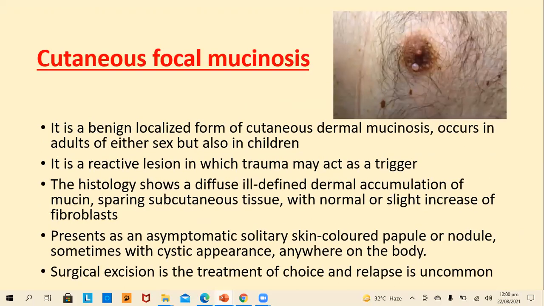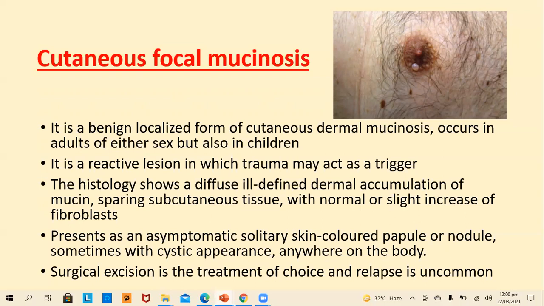Then the third type is cutaneous focal mucinosis. It is a benign localized form of cutaneous dermal mucinosis, occurring in adults of either sex but also in children. A reactive lesion in which trauma may act as a trigger. The histology shows diffuse, ill-defined dermal accumulation of mucin, which is sparing the subcutaneous tissue, with normal or slightly increased fibroblasts.